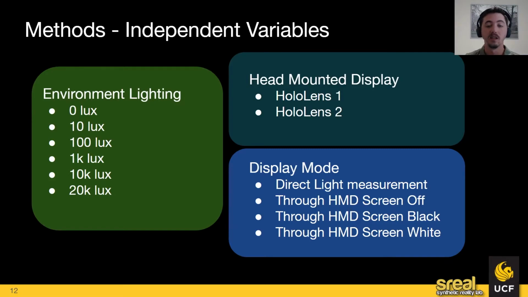This was to get an idea on if the ambient, there's sometimes an ambient glow when you have the headset powered on, even though it's not rendering anything. So we wanted to get a measure there. And then finally with the display on and rendering all white. So with those last two measurements, we can calculate the amount of contrast from the user's point of view based on that combination of conditions.